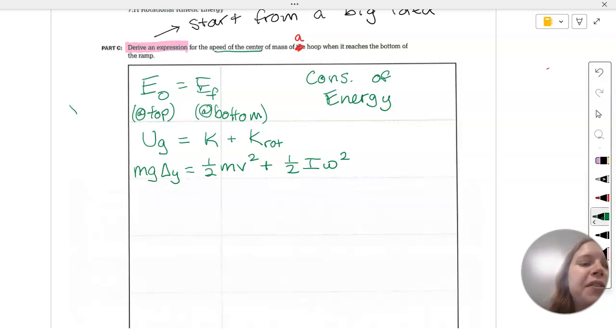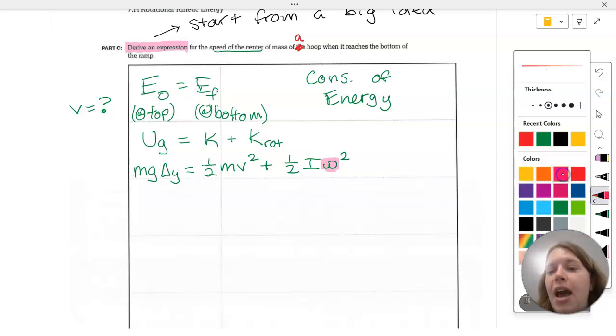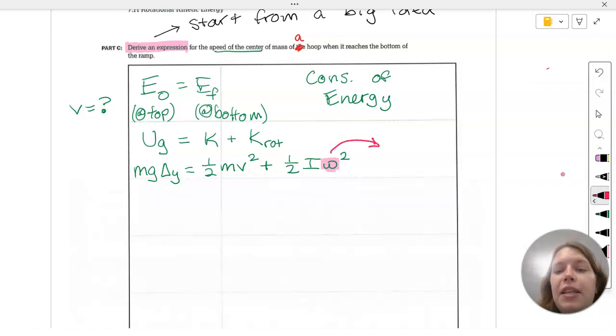Let's remind ourselves, we're looking for the linear speed of the center of mass as it rolls down the ramp. So this omega, the angular velocity, isn't something that was given in the problem, but we know we can express the angular velocity as the linear velocity of the center of mass divided by the radius. I'll just use a little r here. So I'm going to keep going.